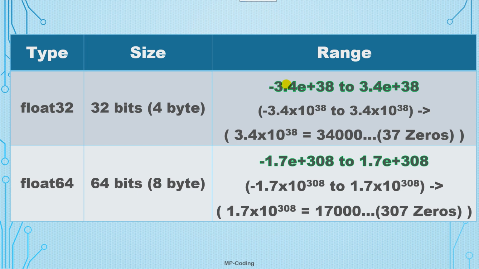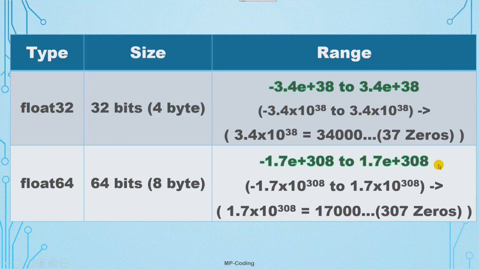This is the scientific notation for representing this value. Okay, float 64: its size is 64 bits, which equals 8 bytes. Here is the range of float 64: minus 1.7e plus 308 to 1.7e plus 308.